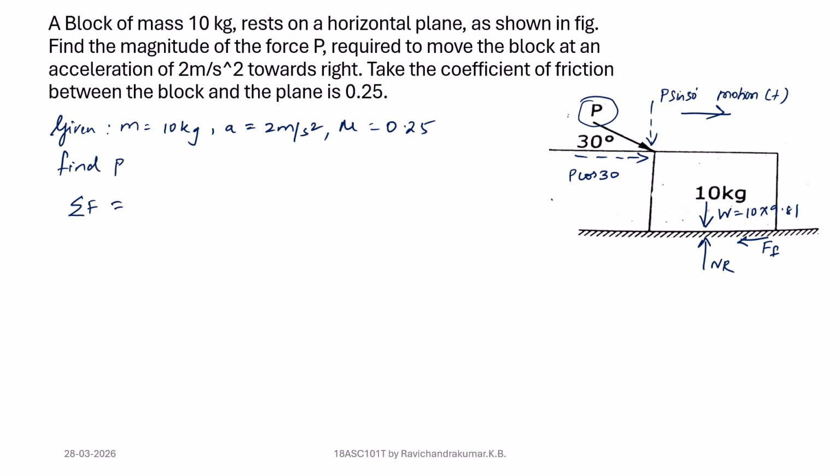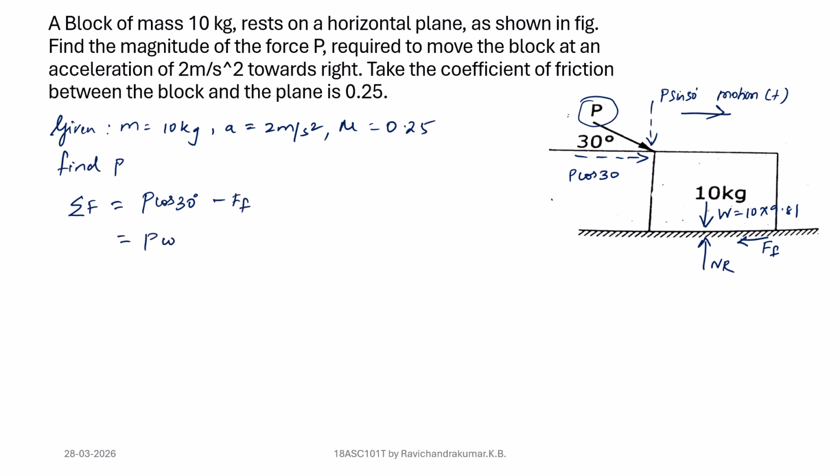So summation of F. We are going to see only the direction of motion. The forces involved are P cos 30 minus the friction force FF. That's it in this particular case. Now we expand FF.